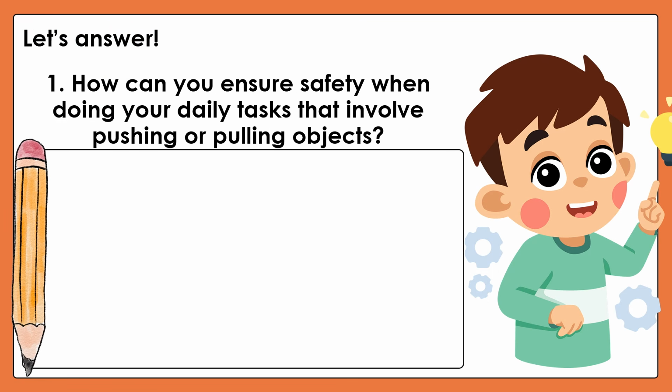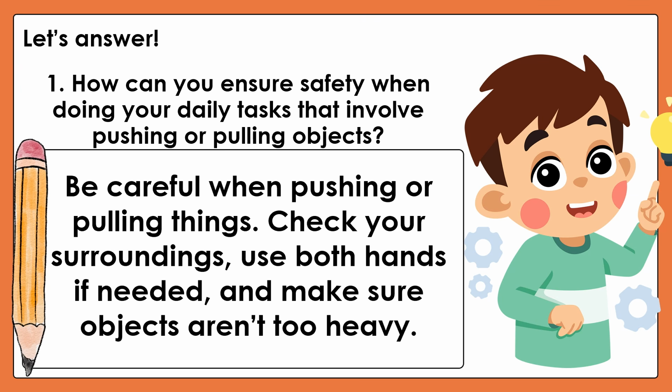First, how can you ensure safety when doing your daily tasks that involve pushing or pulling objects? The answer: be careful when pushing or pulling things. Check your surroundings. Use both hands if needed and make sure objects aren't too heavy.